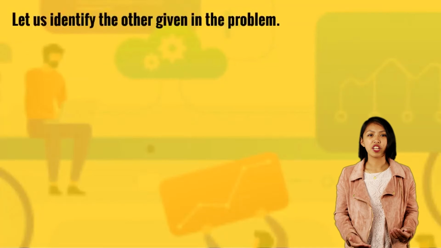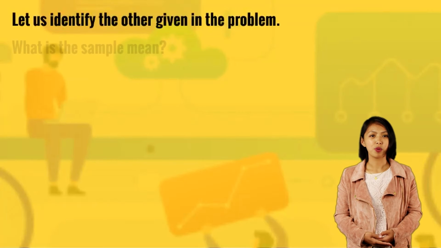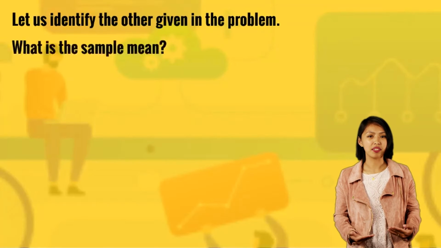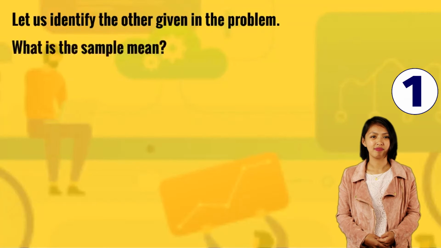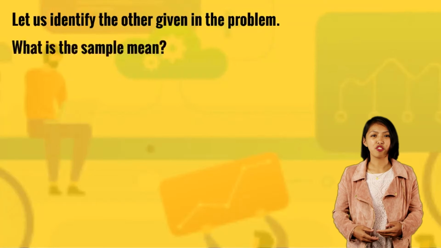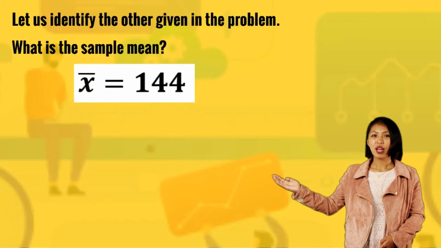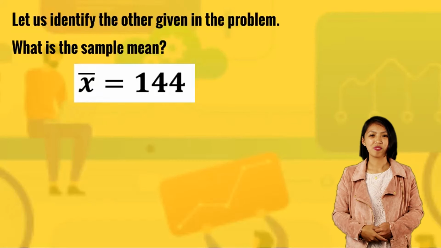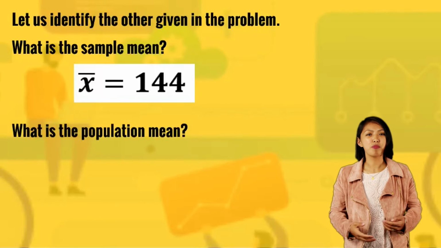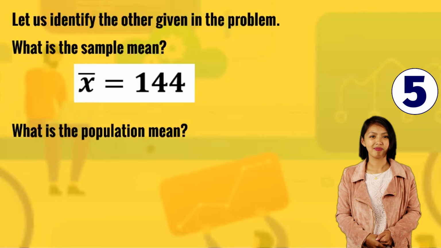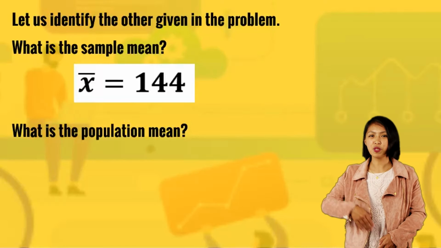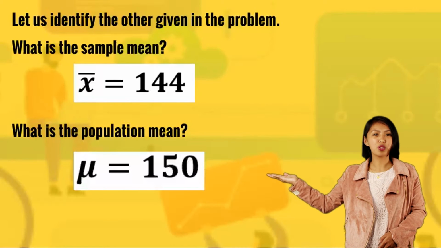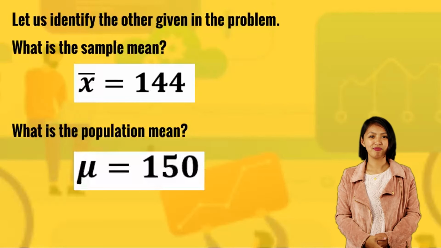Let us identify the other given in the problem. What is the sample mean? If your answer is correct, you are right. What is the population mean? If you said so, you are doing a great job.